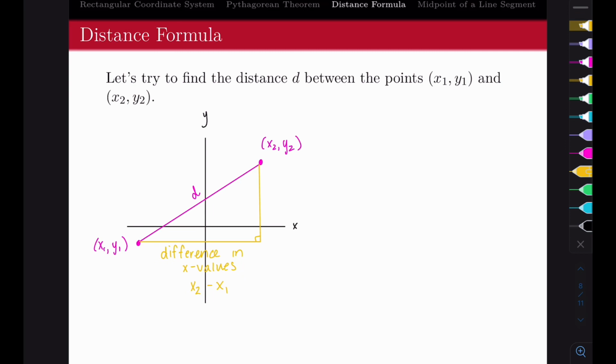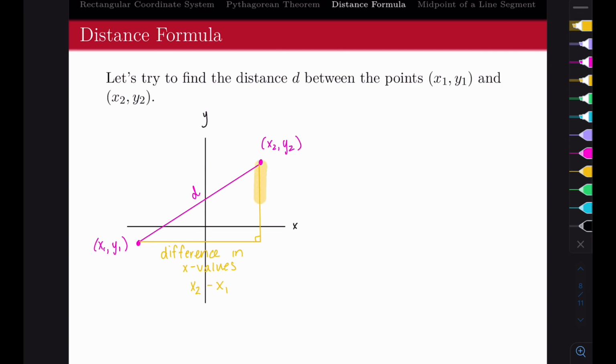So if you need numbers as an example, if your first coordinate started at 0 in x and went to 7, the difference in those x values is 7. That's how far you travel in the x direction. If one started at 2 and then the other one ended at 9, still I'm going to travel a distance of 7 in the x direction.